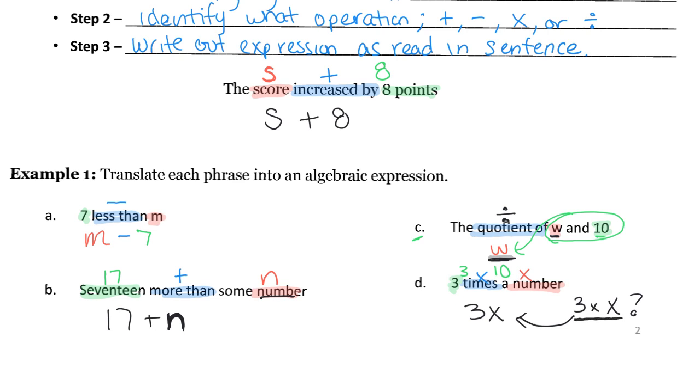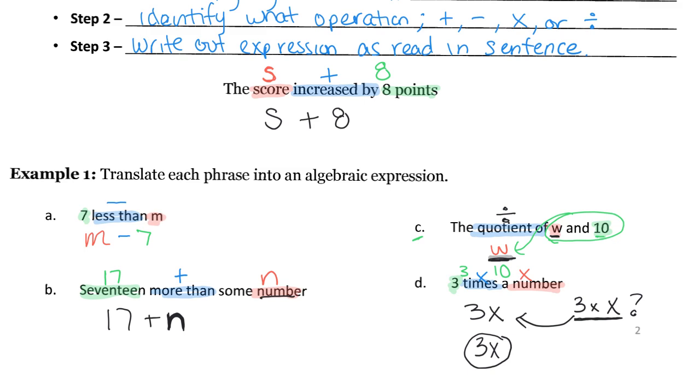And I don't know about you, but that doesn't really make sense to me, because I don't know which one's my variable, which one's my operation. So anytime you have multiplication, you just write it as 3x. You just write them right next to each other with no operation in between, and there's an implied multiplication in between there.